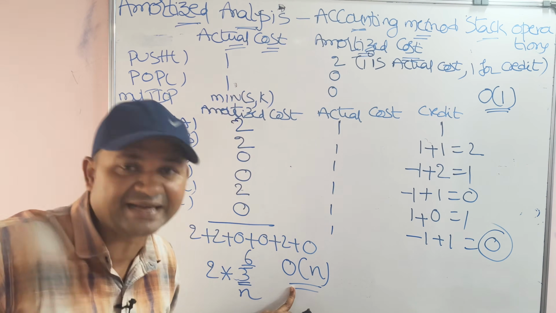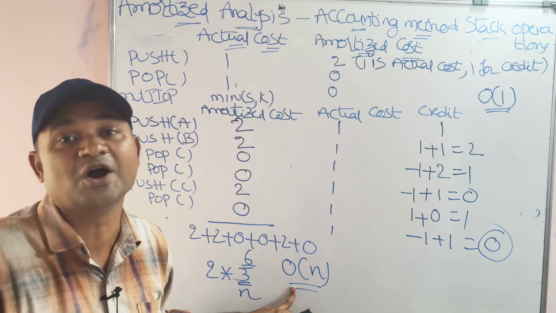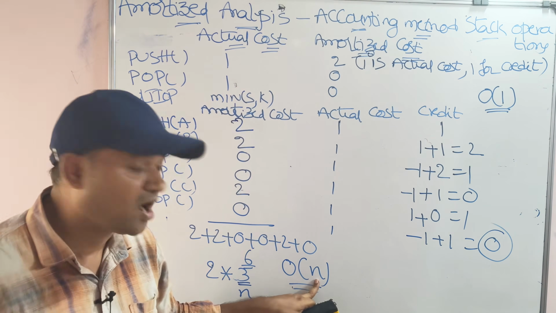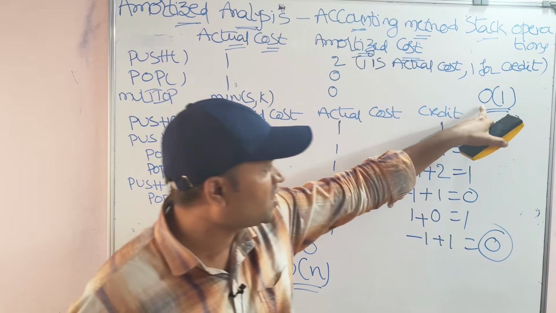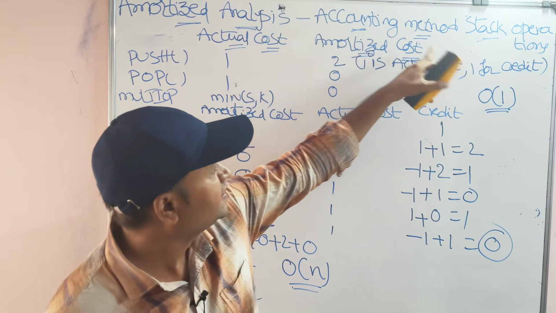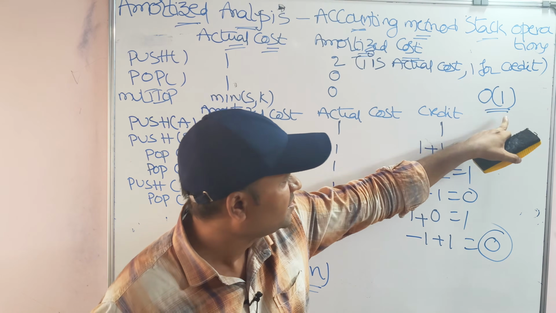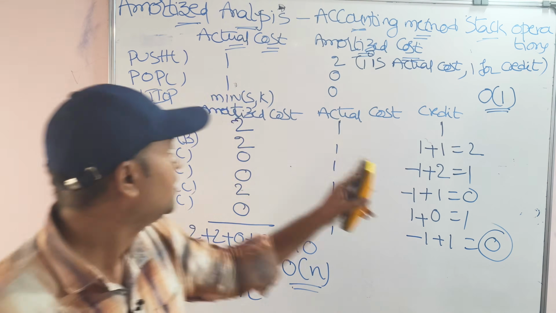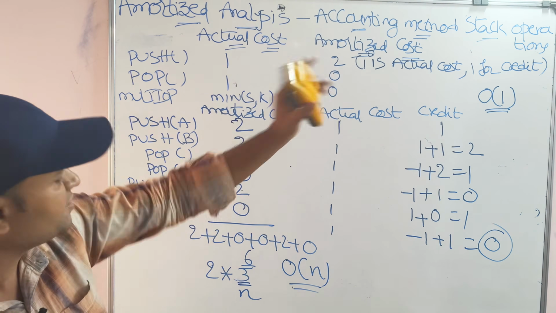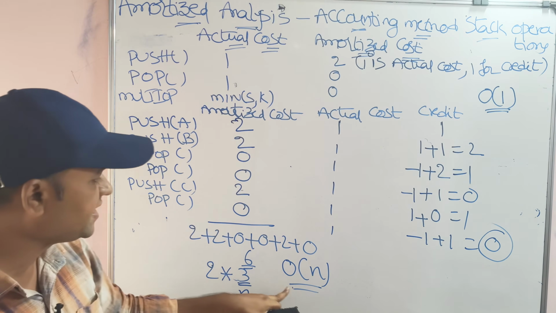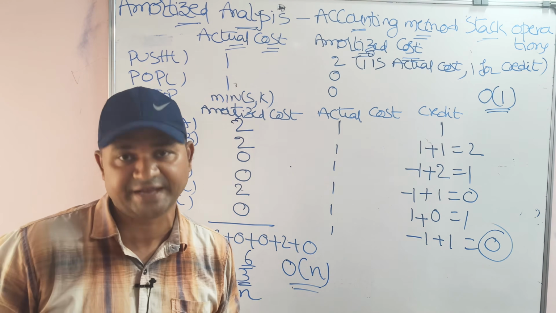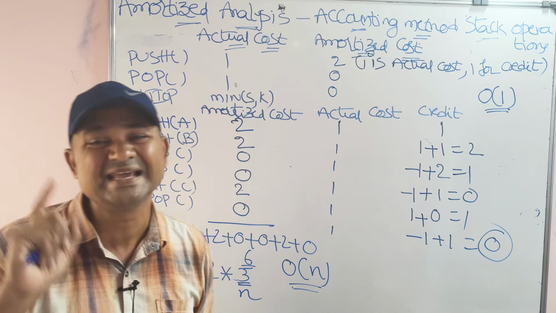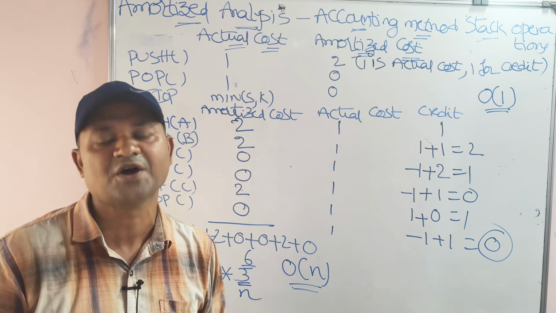This is for the entire thing. For all the operations, the cost is order of n. Whereas in the aggregate method, using stack operations, the amortized cost per operation is order of 1. But here in the accounting method using stack operations, the amortized cost is order of n. This is not per single operation. This is for all the operations.